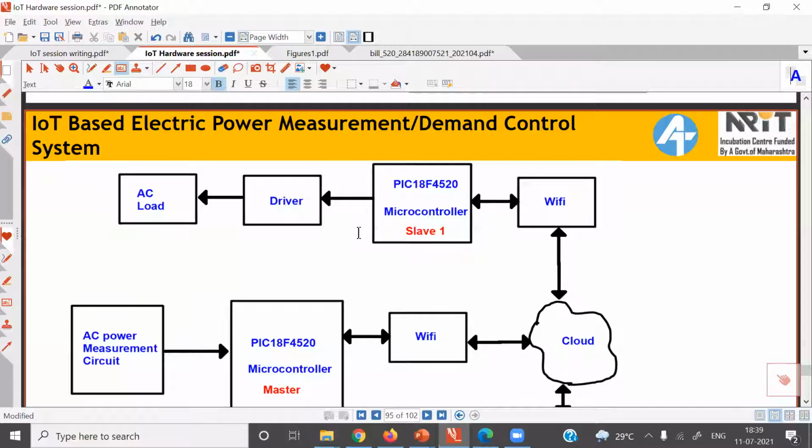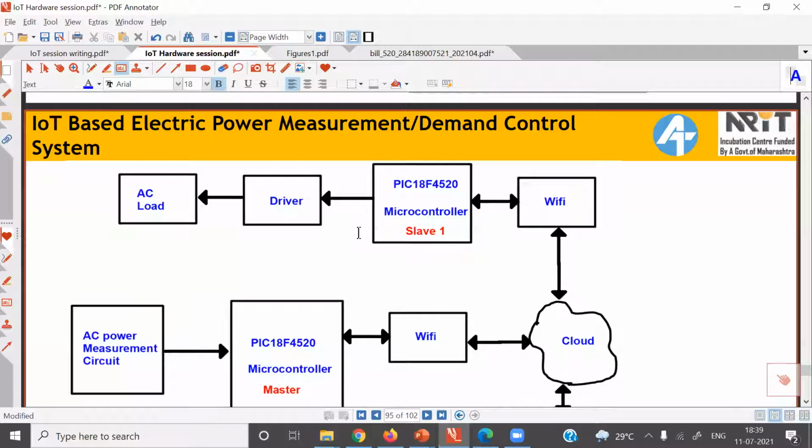Let me take the example of an institute. In an institute, devices like computers consume more power, especially computer labs altogether. In a computer lab, there could be 40 or 50 computers. In a workshop, there are high HP motors. Then in some laboratories, there are air conditioners.